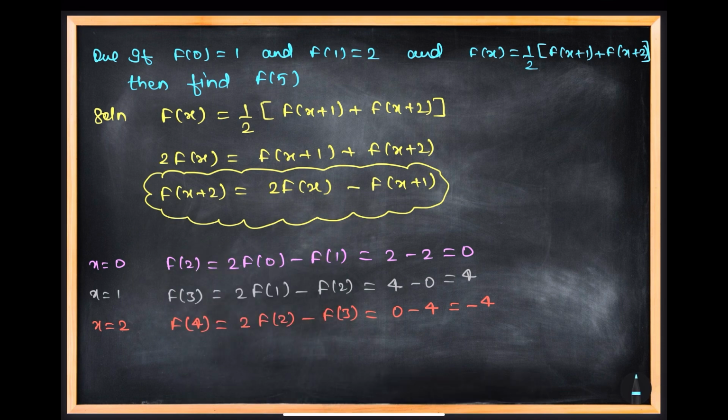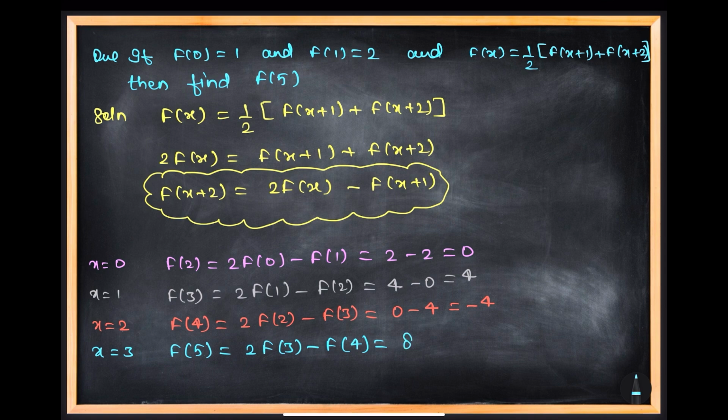Now let's upgrade. So x equals to 3. So this time we will have f4 as, sorry, this thing will become 5. So f5 will become what? 2 times f3 minus f4. So f3, who is f3? f3 is 4.